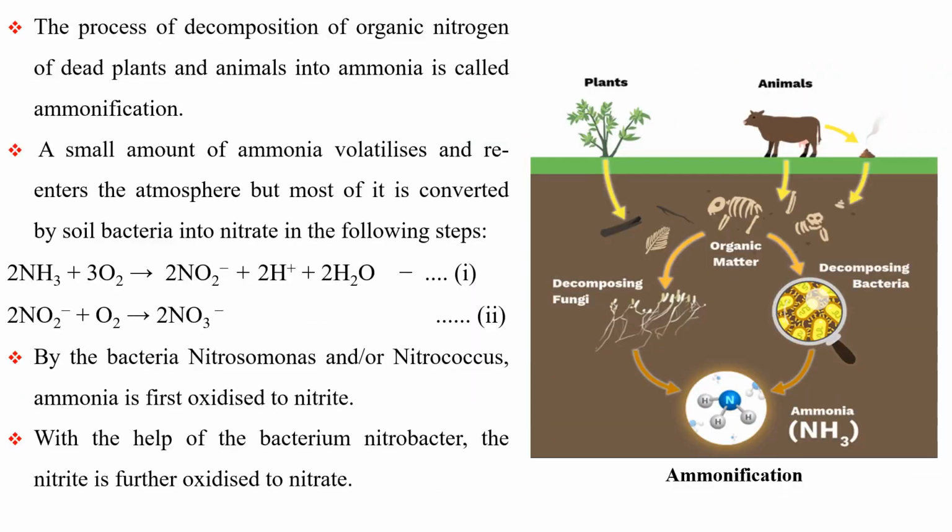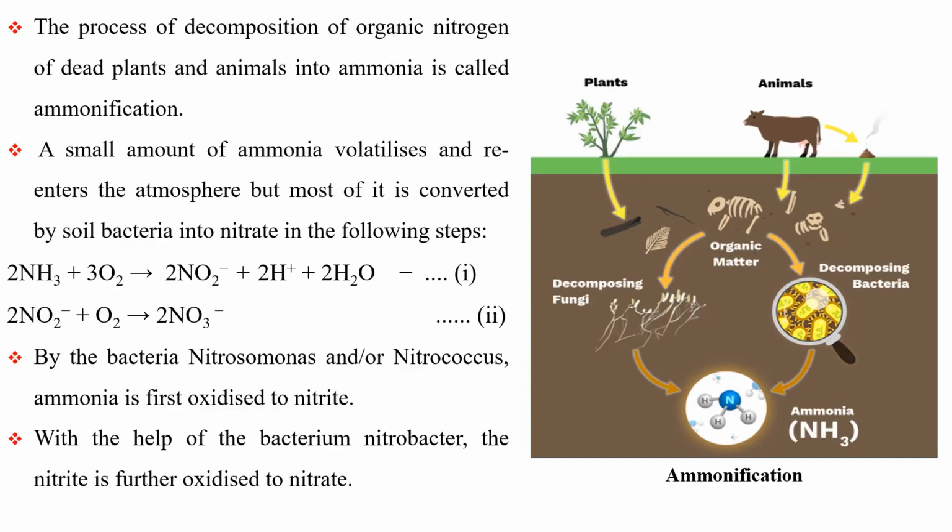The process of decomposition of organic nitrogen of dead plants and animals into ammonia is called ammonification. A small amount of ammonia volatilizes and re-enters the atmosphere, but most of it is converted by soil bacteria into nitrate in the following steps.